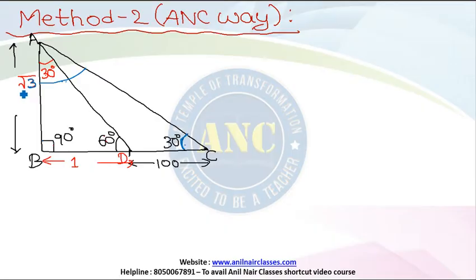Root 3 should become 1. That means divide by root 3, right? Root 3 by root 3 will become 1. Opposite to 60, this entire thing should become root 3, right? That means root 3 by root 3 once again. This also has become 1 right now.